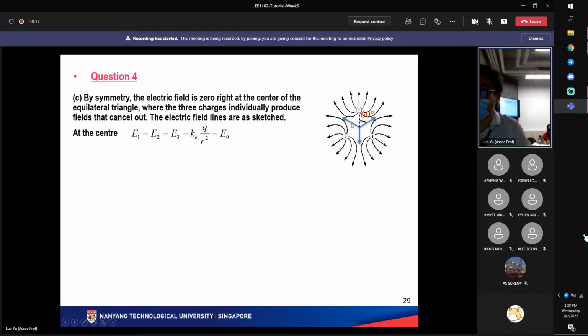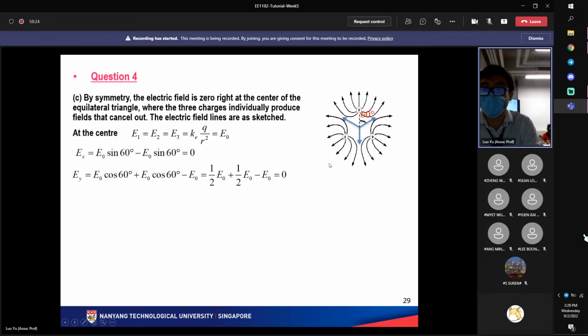Now I take a look whether these three identical charges will give me 0 at the center. First on the x coordinates, E3 doesn't have any contribution because it only acts in the y direction. So in the x direction I have E1 times sine 60 degrees minus E2 times sine 60 degrees, because one is to the top right, one is to the top left.